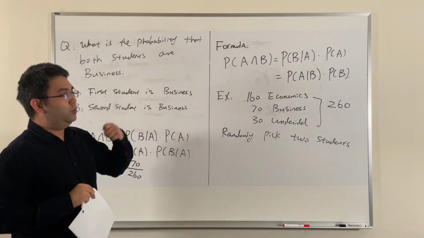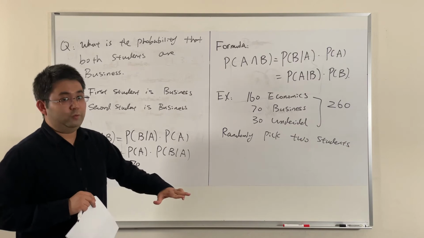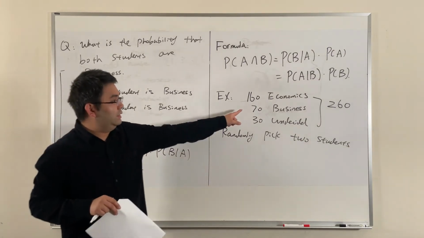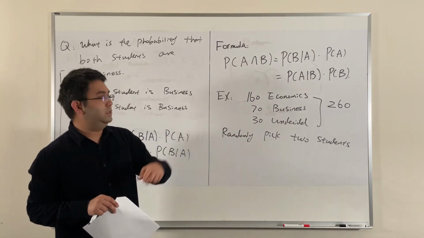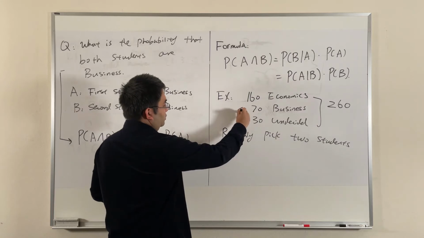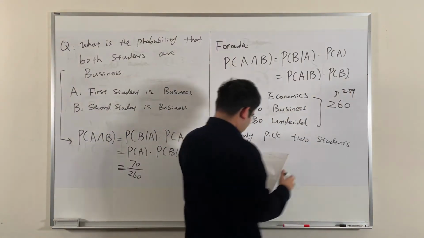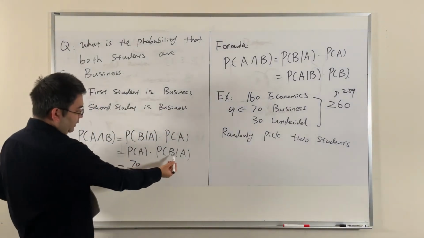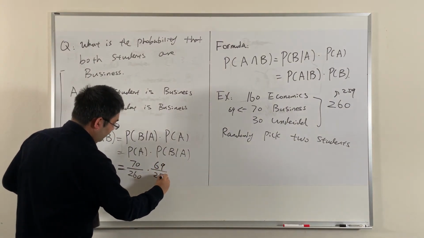So now you only have 259 students to pick from for the second student. And then 69 of them are business, right? So after the first one is business, this one turns to 69 and this one turns to 259, okay? So the probability of B given A is 69 divided by 259.